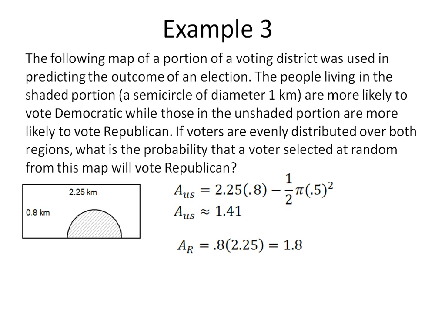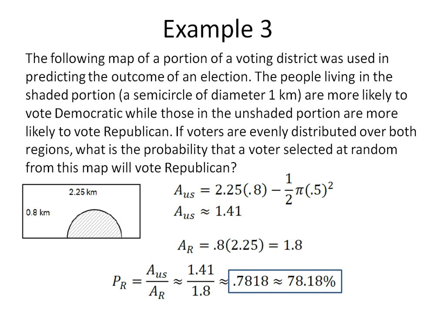The total region, not just Republican, is equal to 0.8 times 2.25, which is the area of the whole rectangle, which is 1.8. So to find the probability that it's going to be a Republican vote, it is the area of the unshaded, which is primarily Republican area, divided by the total area of the region, which is Republicans and Democrats together.